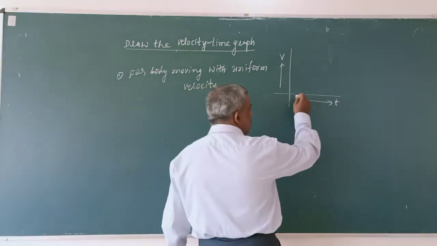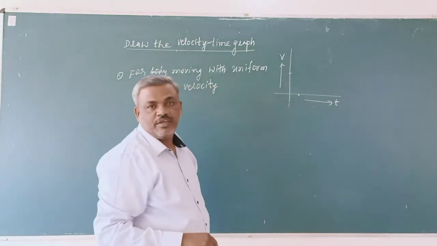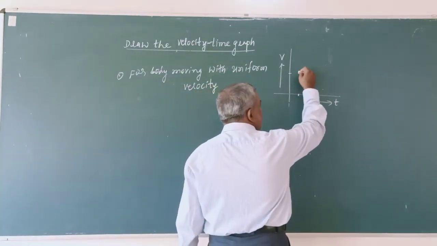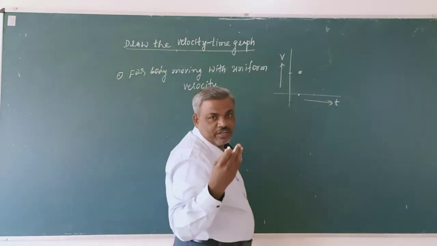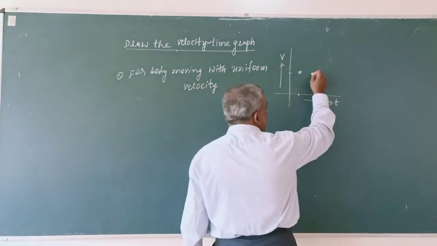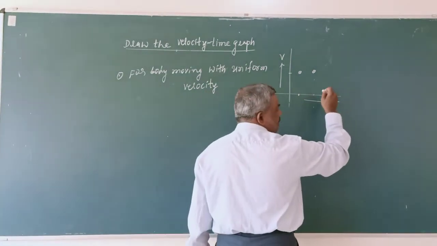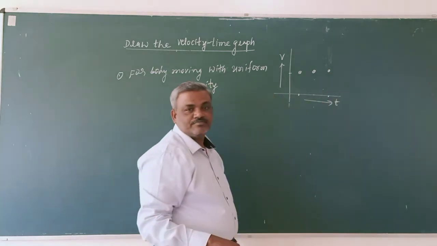After 2 seconds, the speed may be 10 meters per second. After 4 seconds also, the vehicle maintains a speed of 10 meters per second. After 6 seconds also, the same speed.